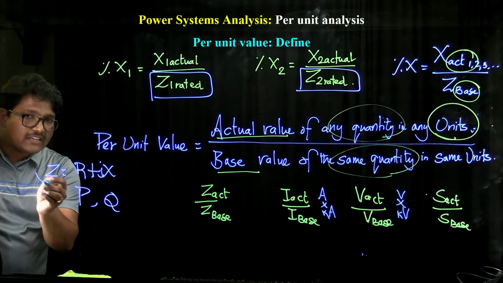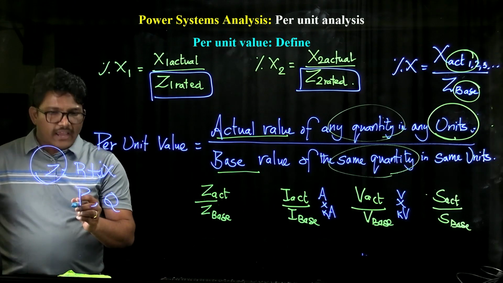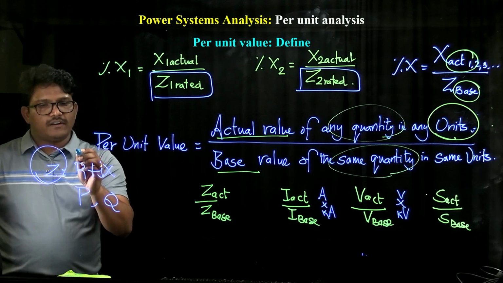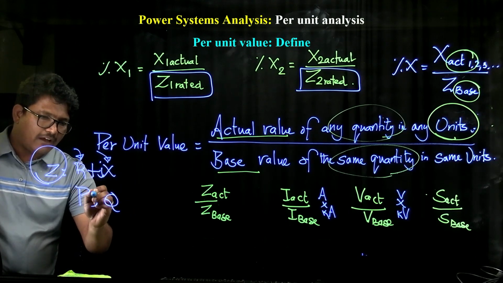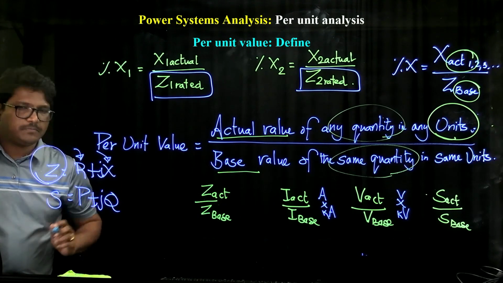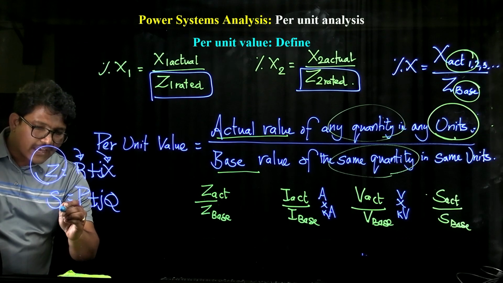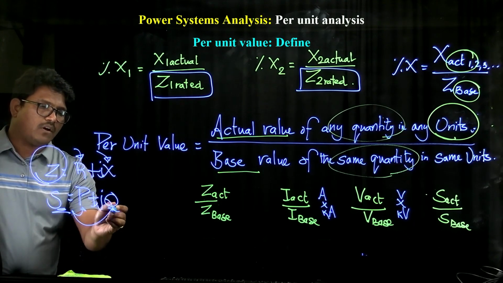This means if you have a base for an impedance, then that is the same base you will be using for the resistance as well as the reactances. Similarly, you have a power P plus jQ, which is nothing but the complex power S. So if you have your S reference, then the same reference will be used for real power or reactive power.